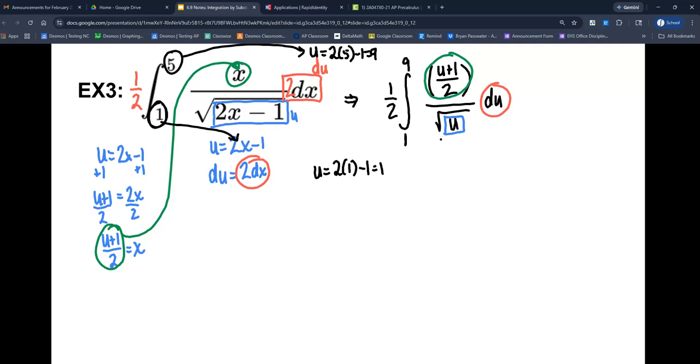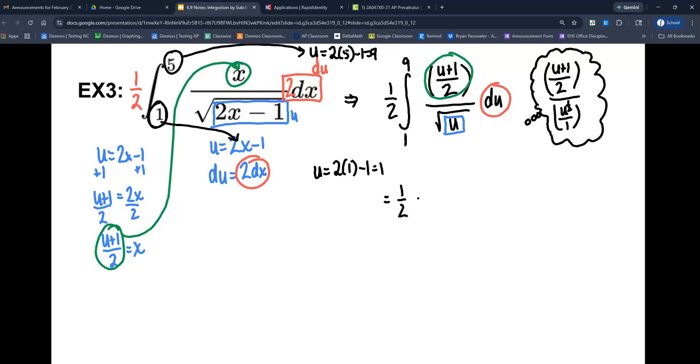I would probably write it as a separate fraction. I would think of it as u plus 1 over 2, divided by u to the 1/2 over 1. Whenever I'm dividing fractions, easy as pie: flip the second and multiply.